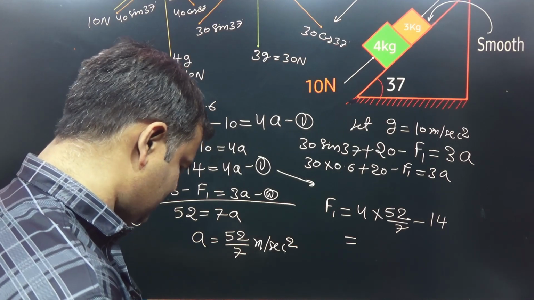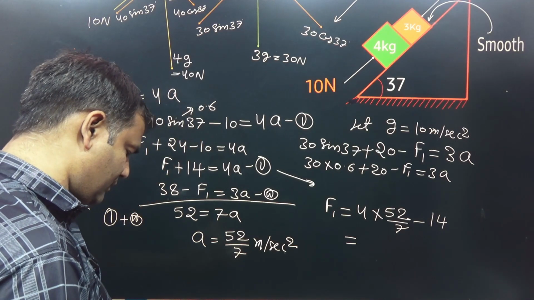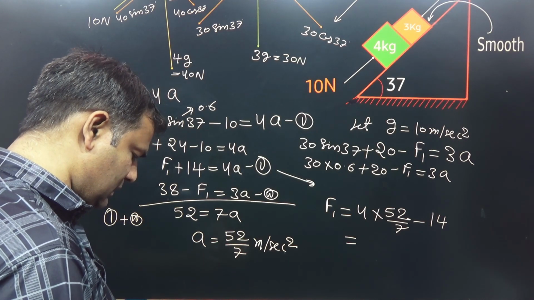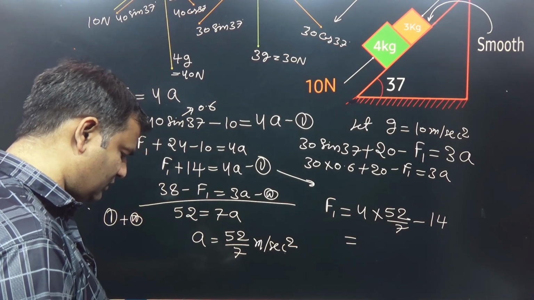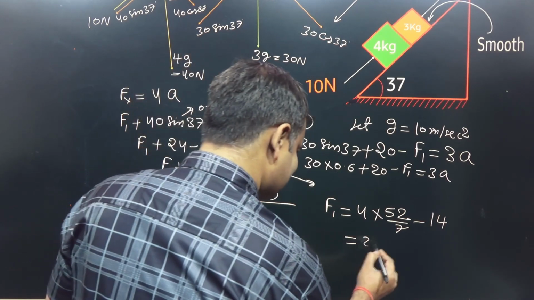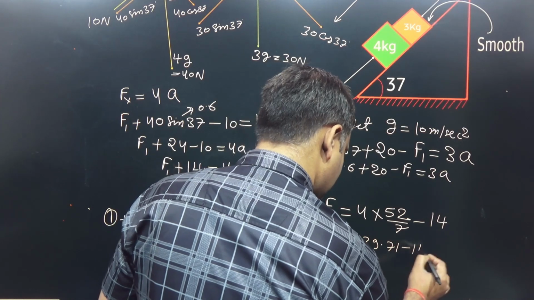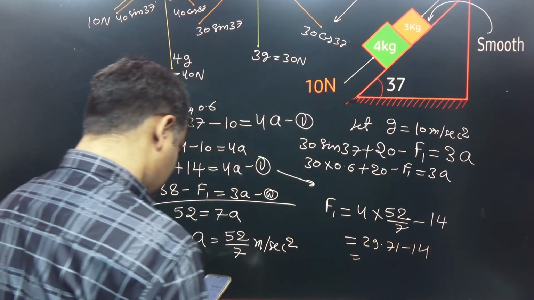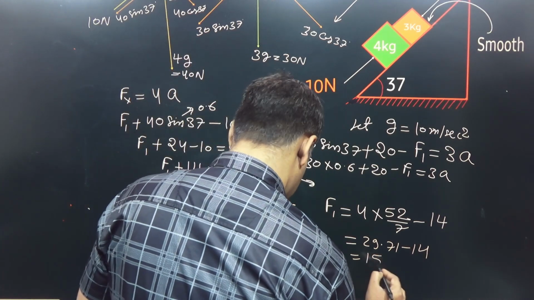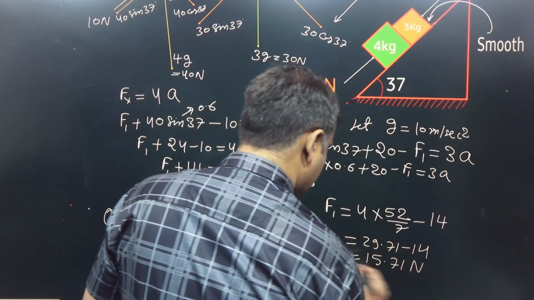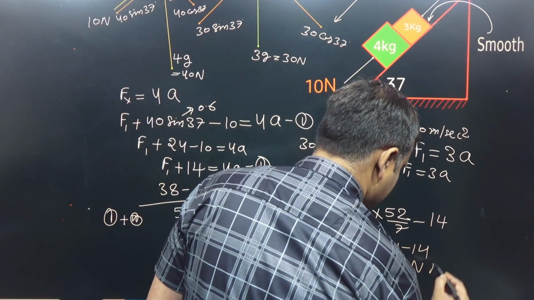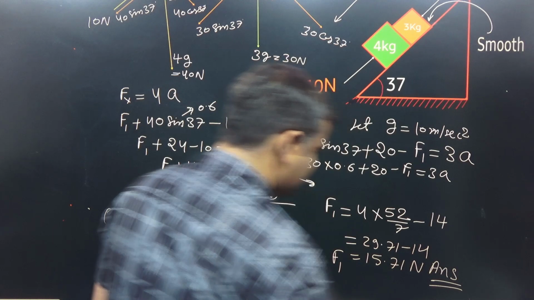Look here very carefully: 4 into 52 divided by 7, we got 29.71, minus 14. We got 15.71 Newton. So the final answer is 15.71 Newton.